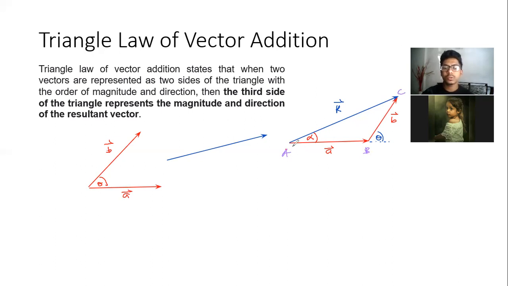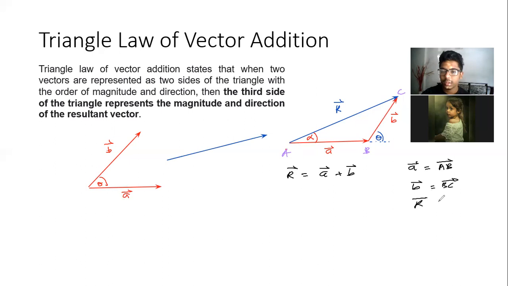So we know how to write this. I can say A vector is equal to AB vector, geometric representation, and B vector is equal to BC vector. Here the R vector, which is the resultant vector, is equal to A vector plus B vector. The vector addition gives the resultant, so R vector is AC vector.